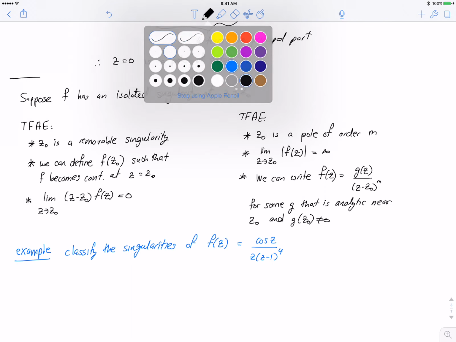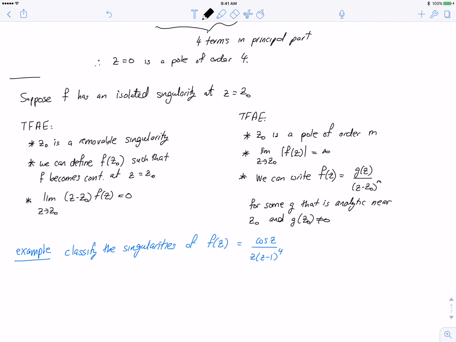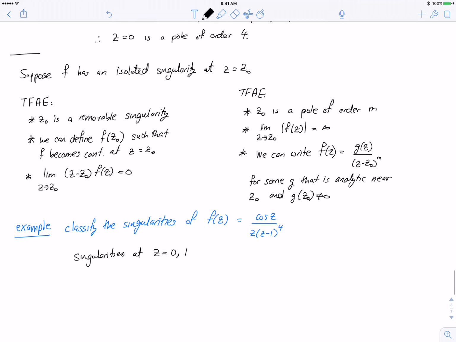Just by looking at it, I can see I have singularities at 0 and 1, because the denominator can't be 0. That means z can't be 0 and z can't be 1. So singularities at z equals 0 and 1.